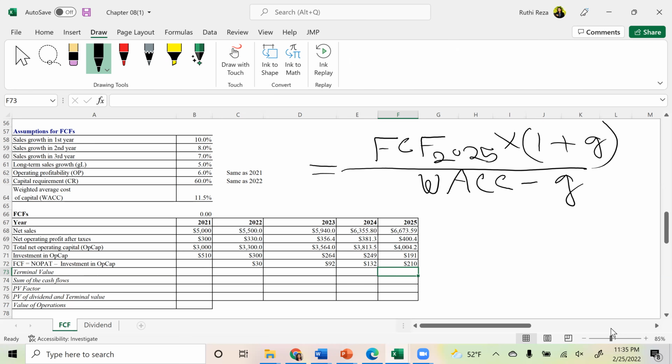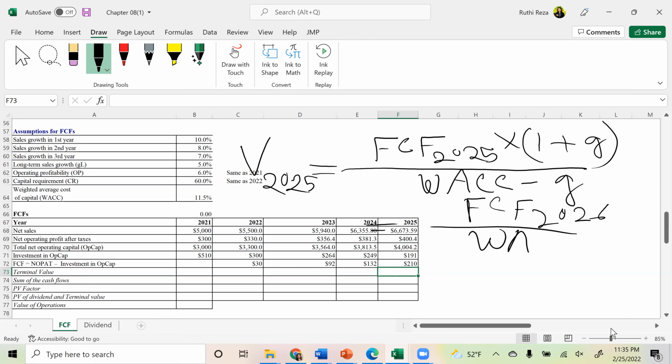That means you are going to get value in the year 2025. Why? Because remember, once you grow free cash flow to the firm in the year 2025 by the growth rate, you actually get free cash flow to the firm in the year 2026. You get 1 year value backward, right? So value should be in the year 2025, 1 year backward of the year 2026.